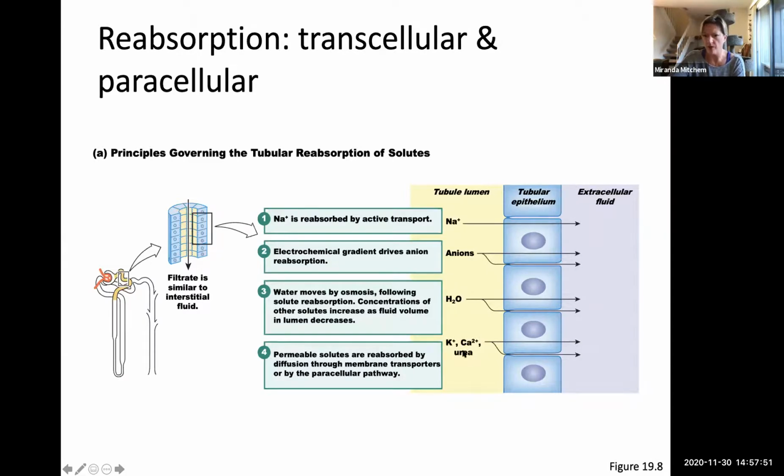We'll go over some of these newer pumps that we haven't learned about yet. But you know that urea is a non-penetrating solute, so it does cross and will equilibrate under the right conditions. So filtrate is actually really similar in composition to the interstitial fluid because of the movement of these ions right over to that extracellular fluid.